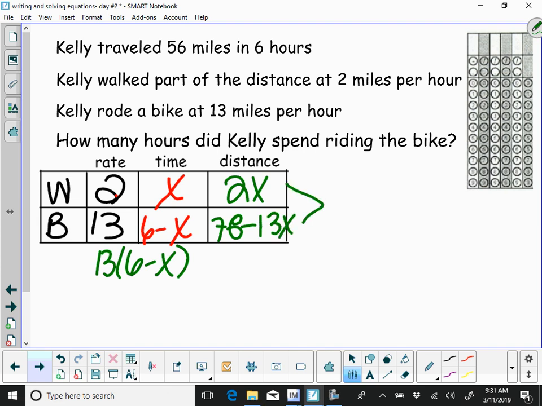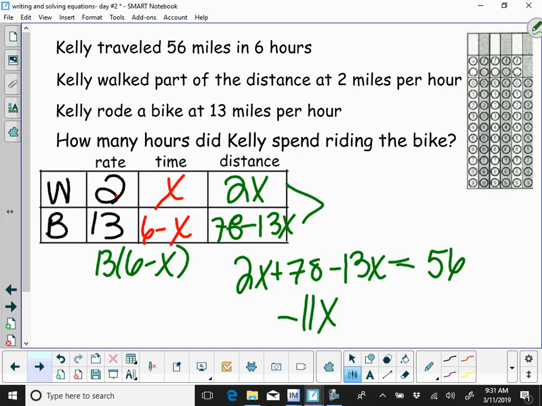So again, we're going to combine these. And what's her total distance that she traveled? 56 miles. Now we're going to simplify. What is 2x minus 13x? Negative 11x. Negative 11x plus 78 equals 56, right?